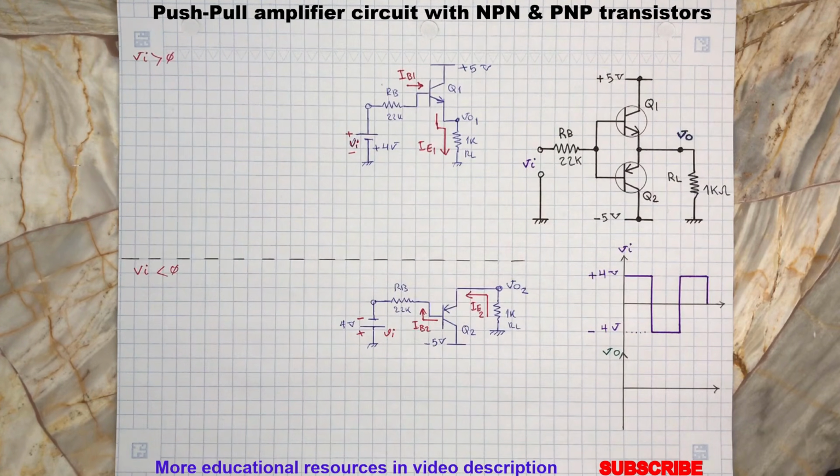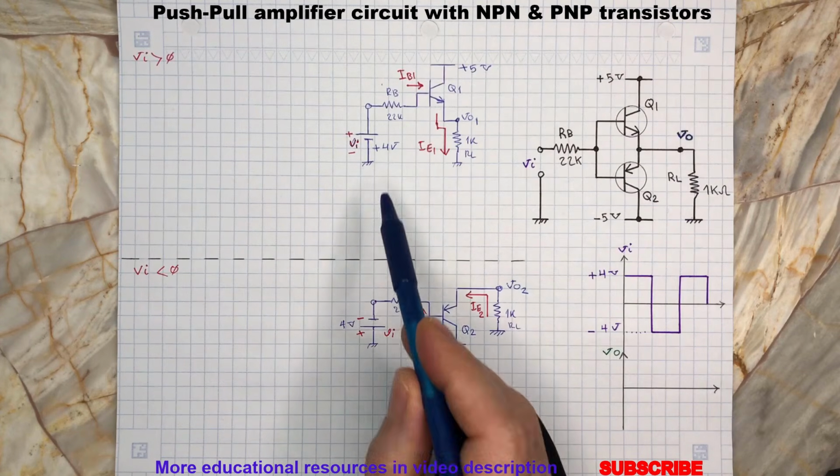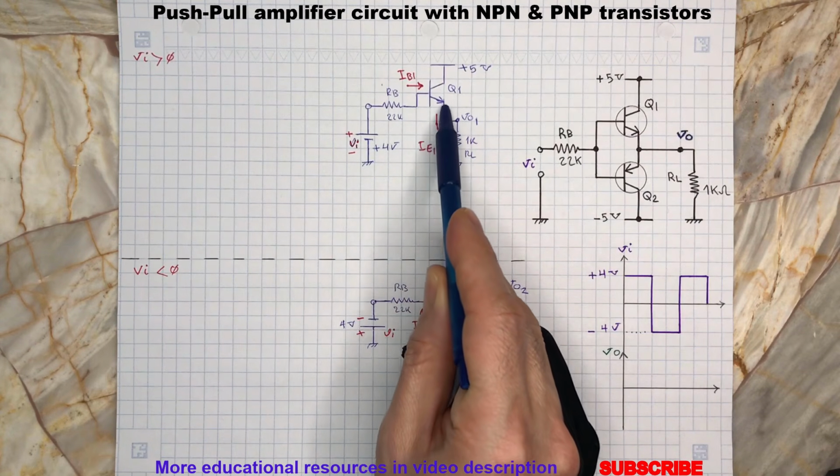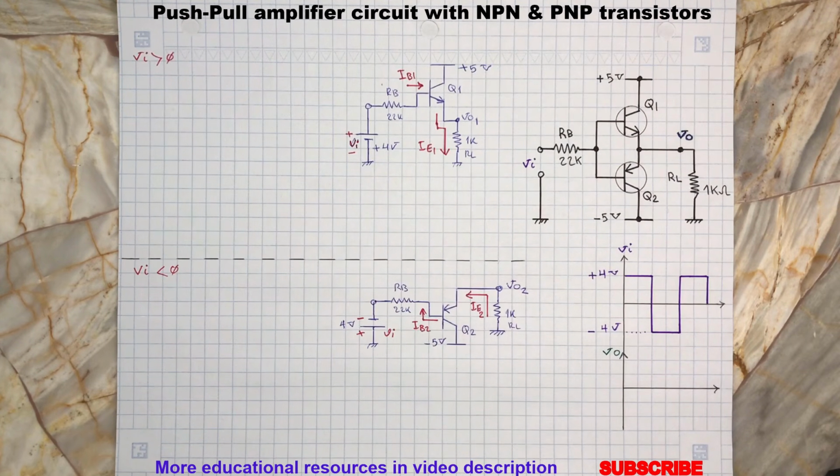To calculate the emitter current, we can write a KVL from input VI to the output VO. Here's how we write the KVL in this case.